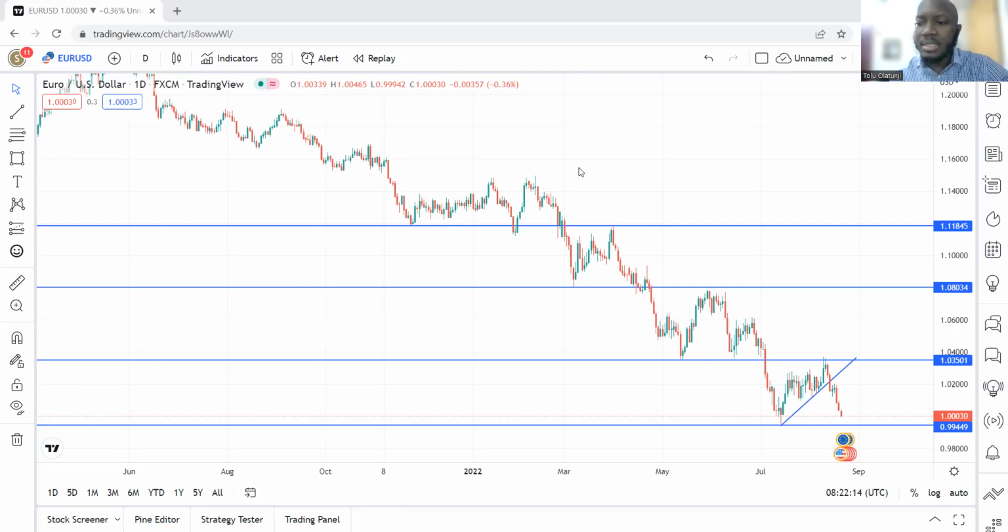And of course, as you can see, it's already at parity again, and it's approaching the support from this year, about last month, 2 months ago, at 0.99450 area. But I want us to concentrate on 5 ways to protect your trading accounts, the usual trading mistakes that traders are making.